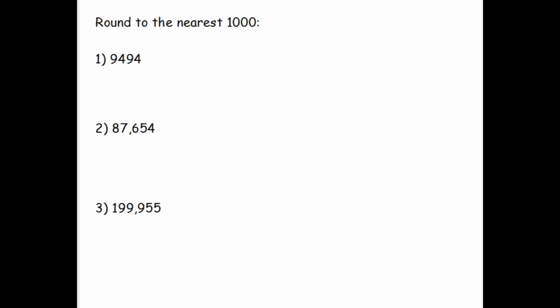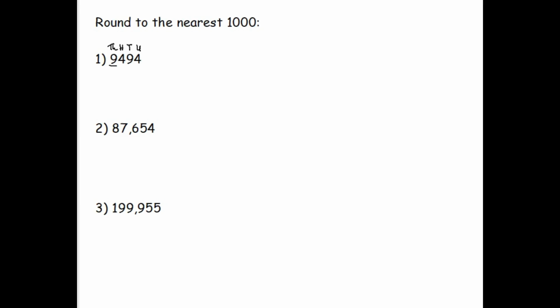Final few examples then. So here we have round to the nearest 1,000. So again, think of our method. You find that place value column, you think about what your answers could be, and then you look at the column after it to choose whether it stays the same or rounds up. So we want to find our thousands. So in question 1, we've got units, tens, hundreds, thousands.